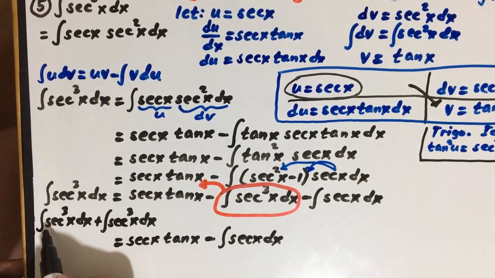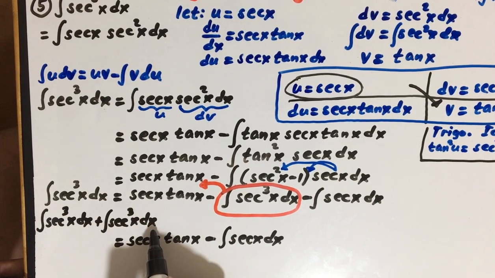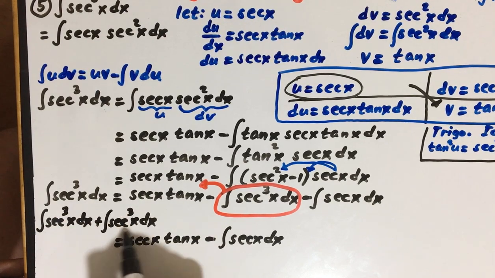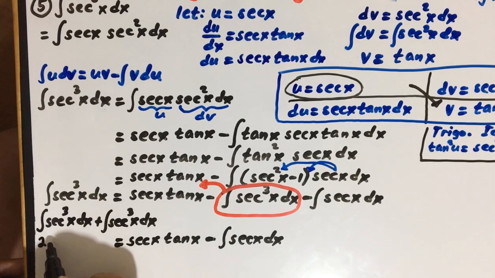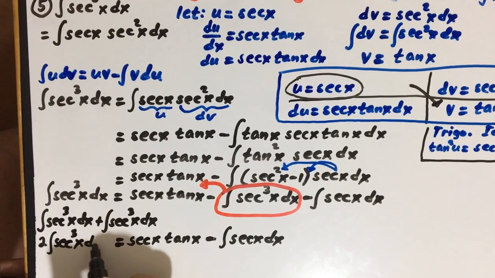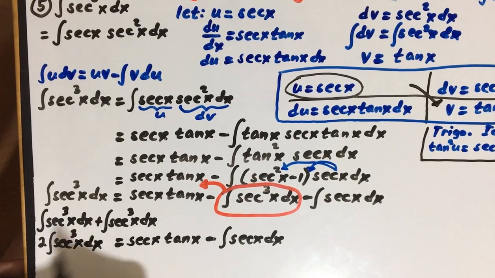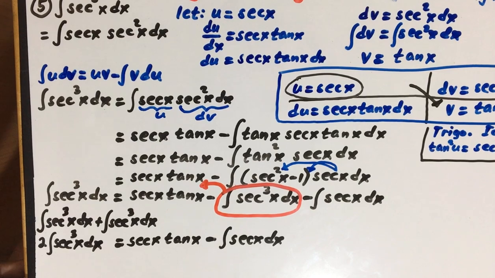So we have the integral of secant cube x dx plus the integral of secant cube x dx, meaning one part of it added with another part. So we can say that there are two integral of secant cube x dx. You just write only one of them, then multiply by 2, since they are just the same.